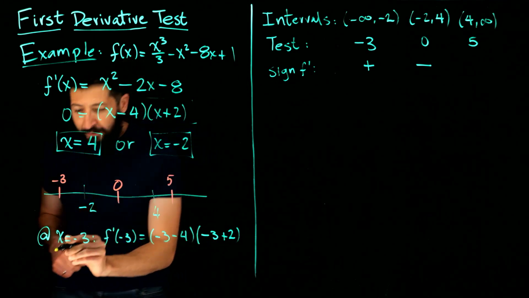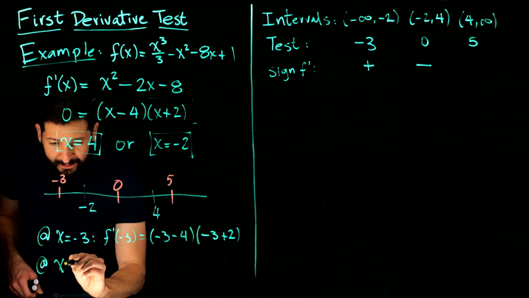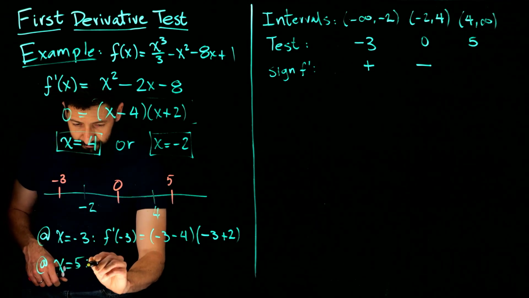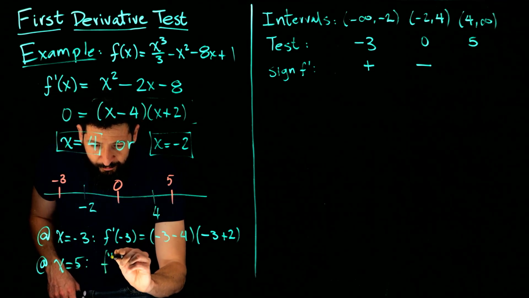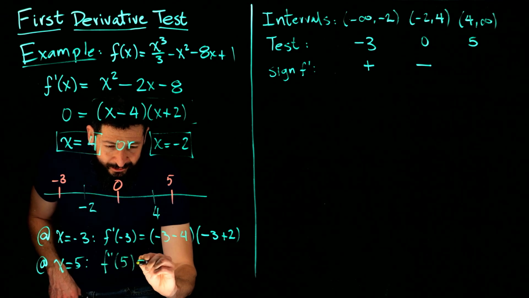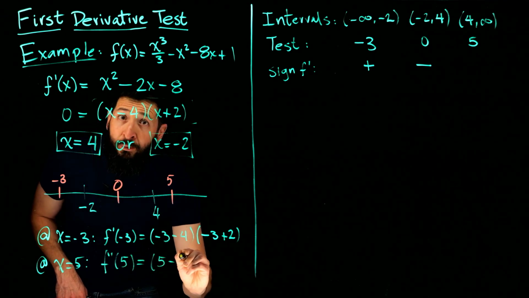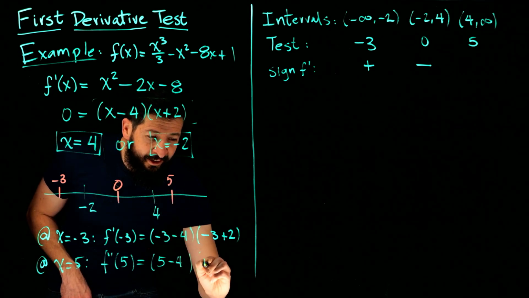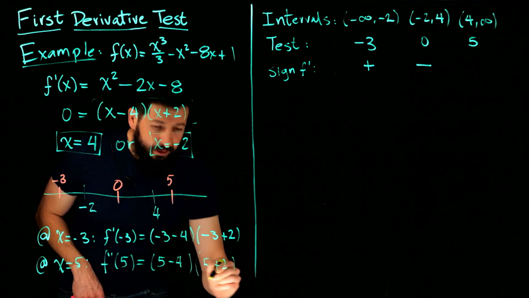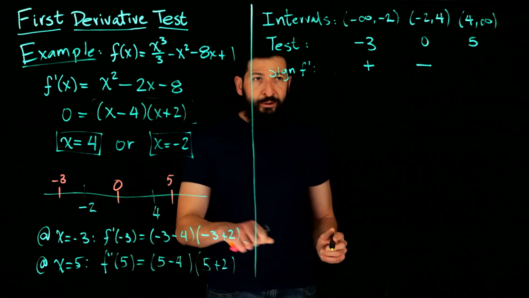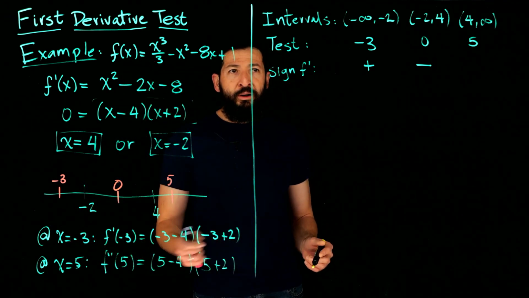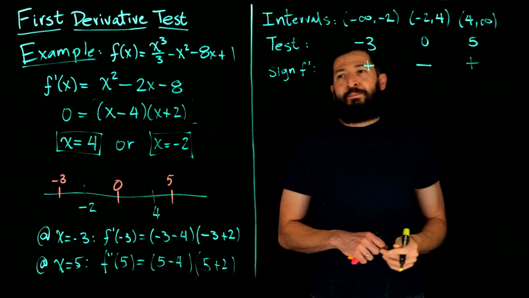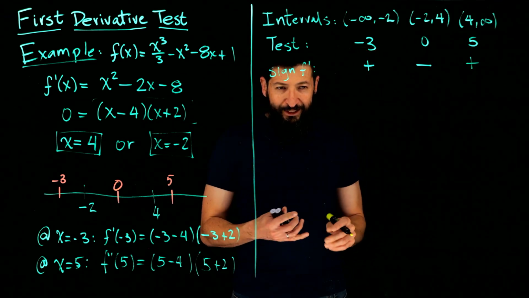So if you plug it here at x equals to positive 5 rather, the derivative at positive 5 will be equal to 5 minus 4. I'm using the factor form again. 5 plus 2. Now you have 5 minus 4 is 1, 5 plus 2 is 7. It doesn't matter the number. Positive times positive, it is positive. So yes, they do alternate, but do not just do that.